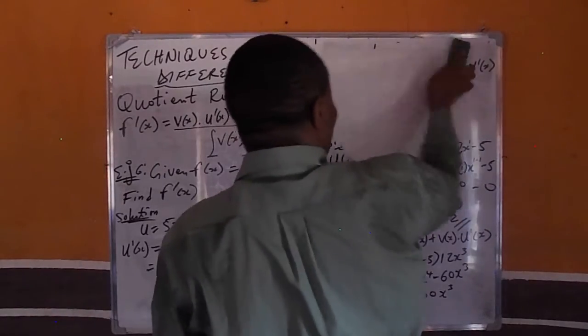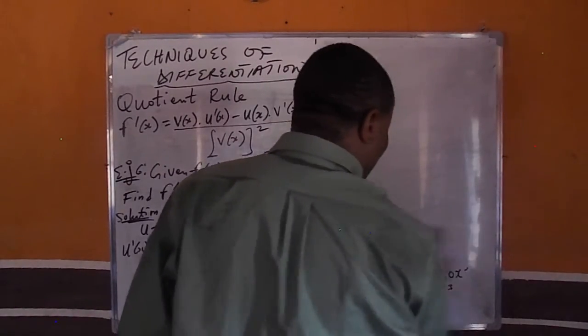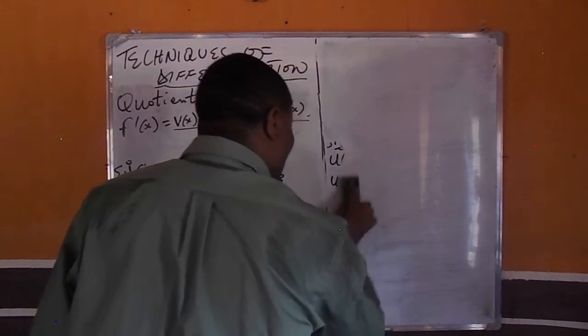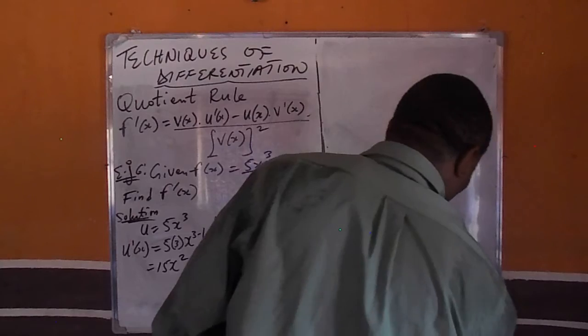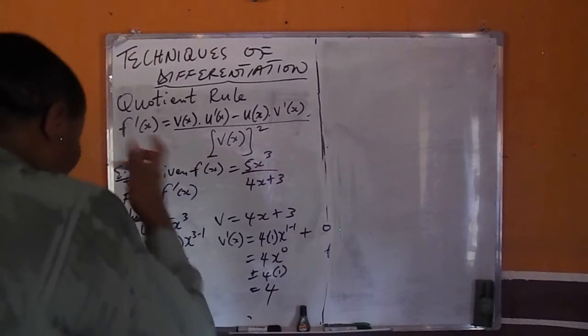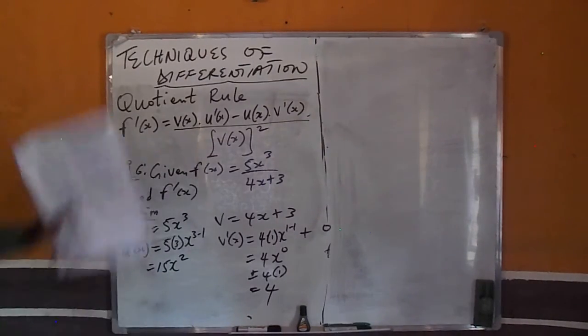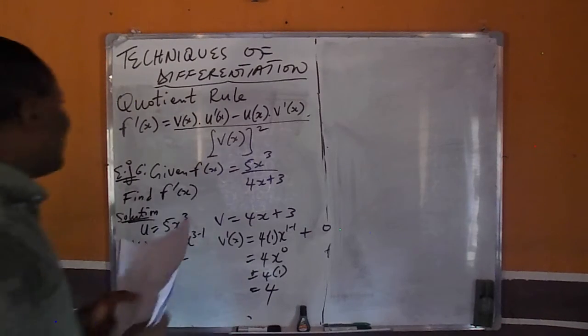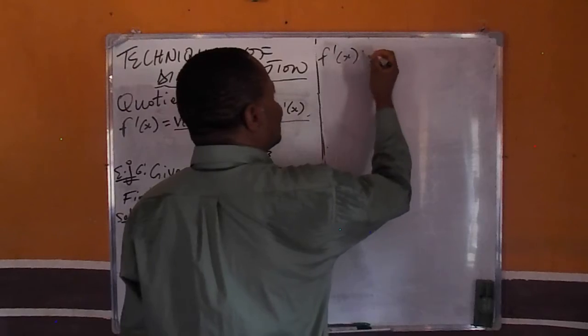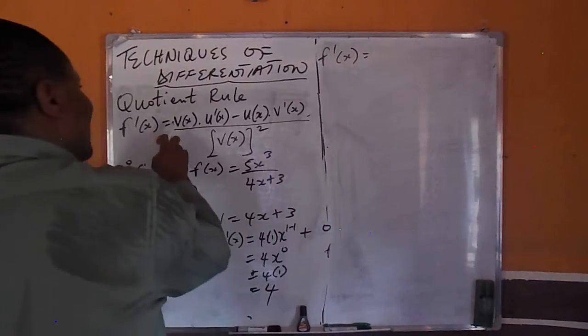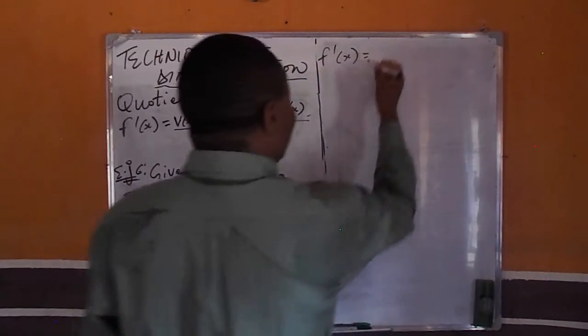Now, let's solve for our f prime x. We now say f prime x equals to, using the formula, our v here is what?